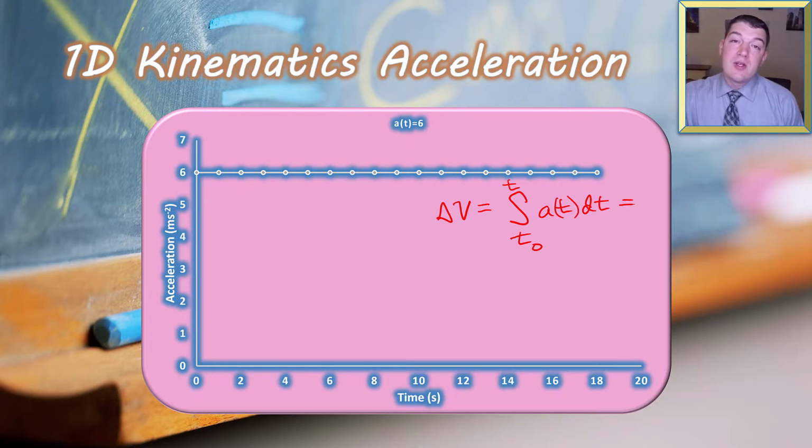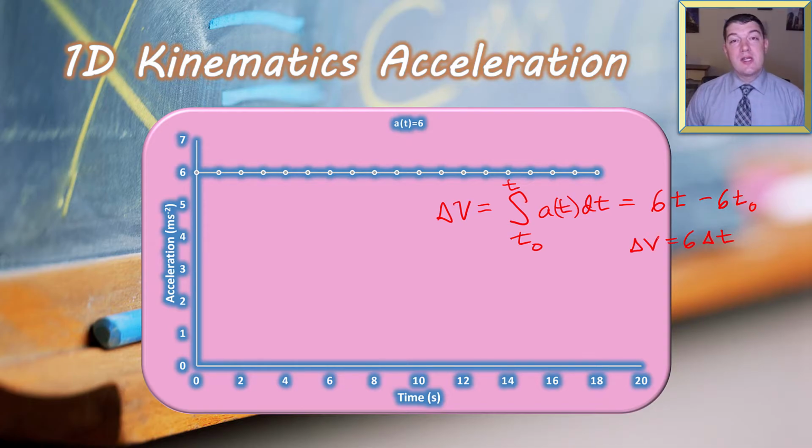And now our acceleration is a constant non-zero value, and that means it's going to be that constant 6 times the upper boundary minus 6 times that lower boundary, or 6 times the change in time.